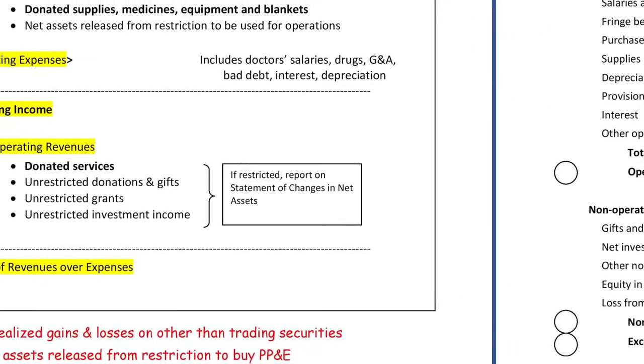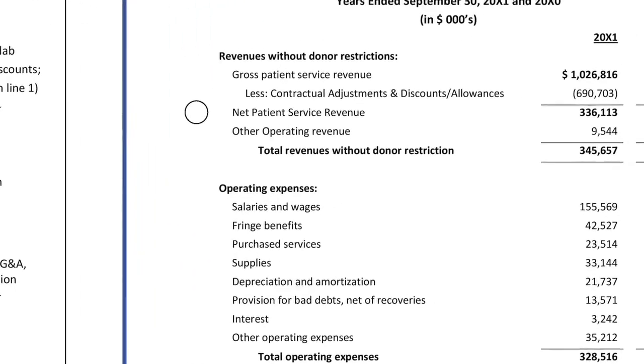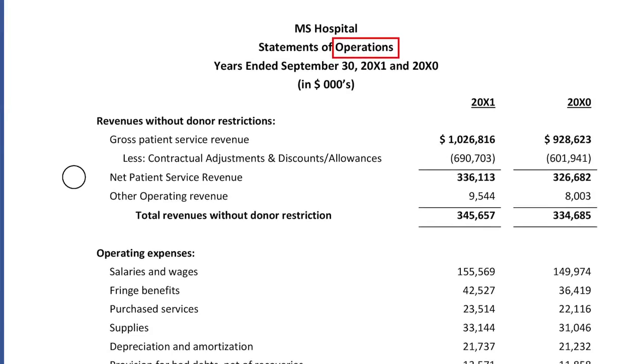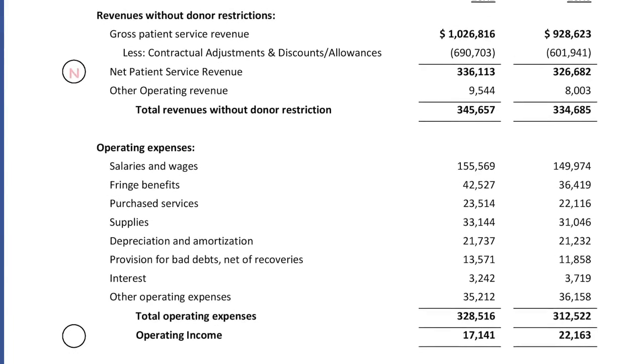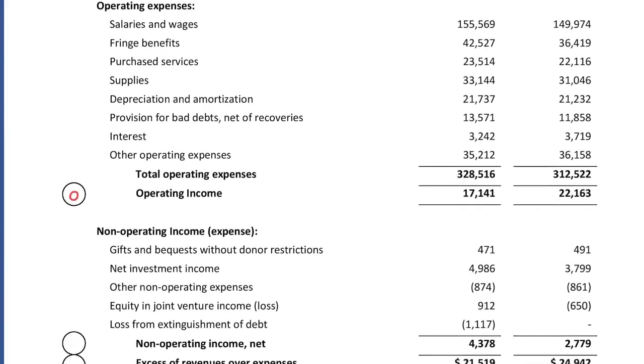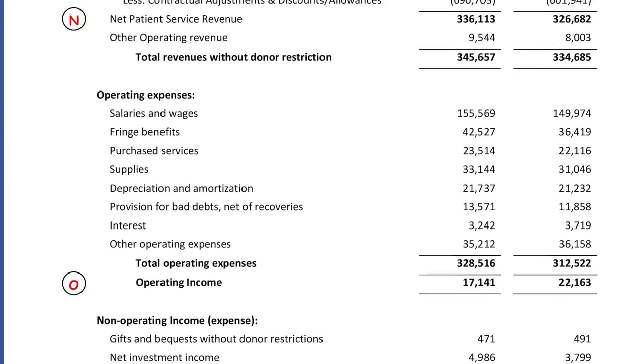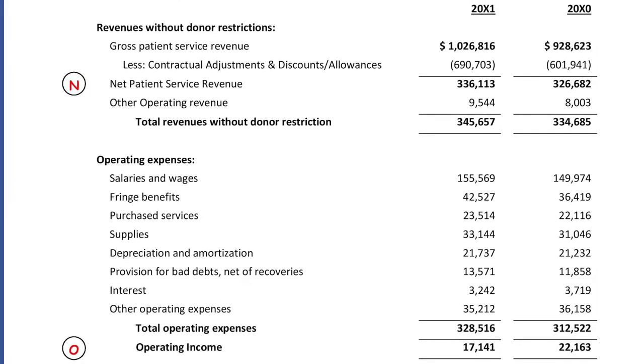Move to page 63. We'll be looking at a sample statement of operations. I want you to fill in the bubbles with the mnemonic NONE, none. The first N, highlight net patient service revenue.